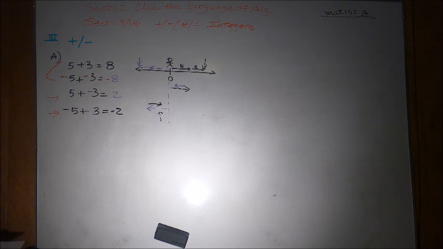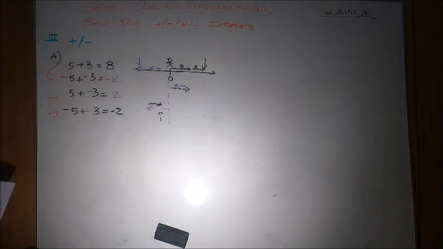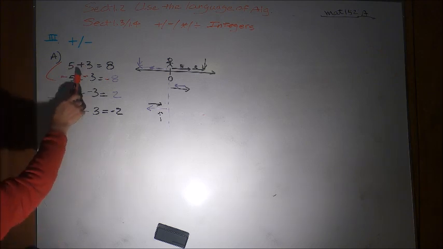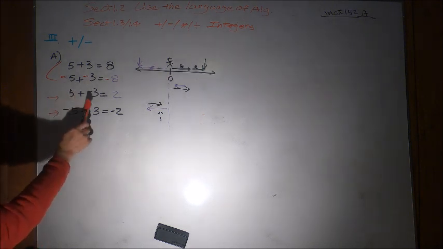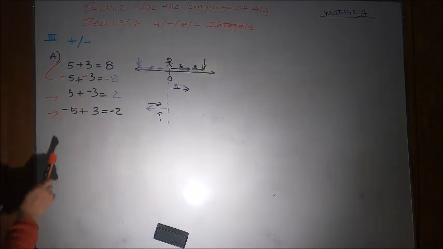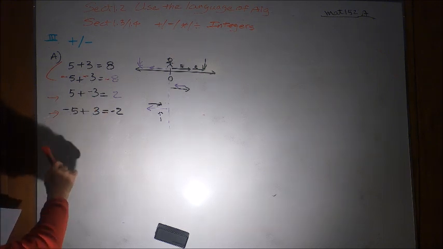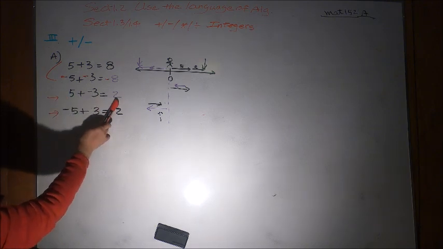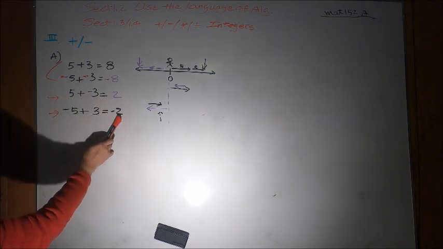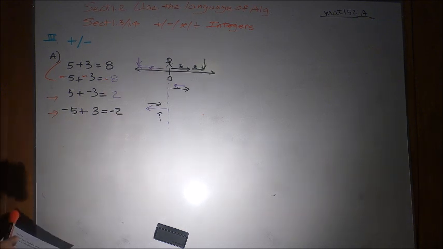So we say, okay, same signs, you add, then keep the sign. And if they are different, okay, different signs, you find the difference. How many steps difference on the right and left? 5 and 3, difference is 2. But which sign are you going to use?